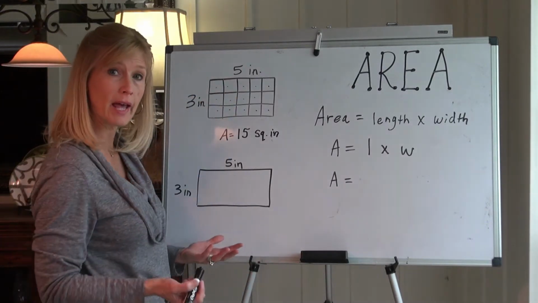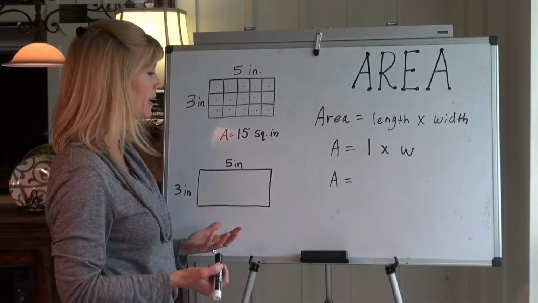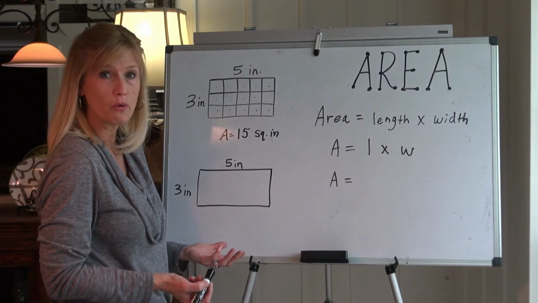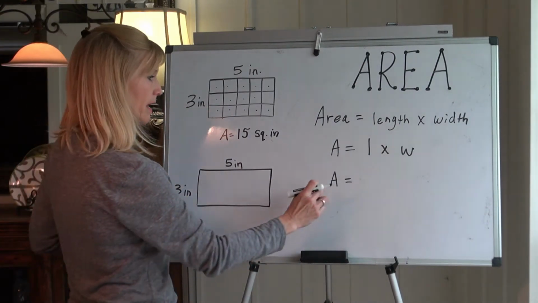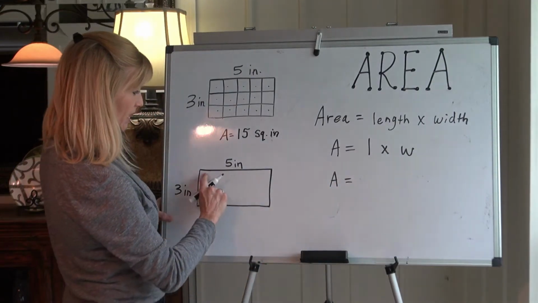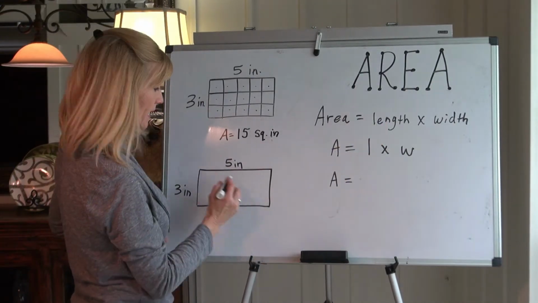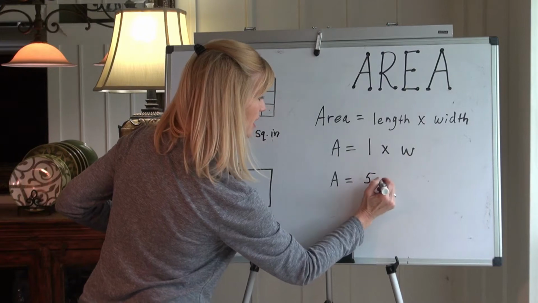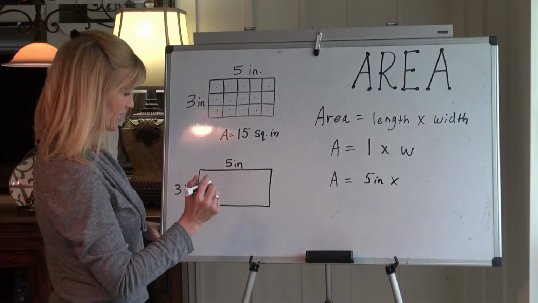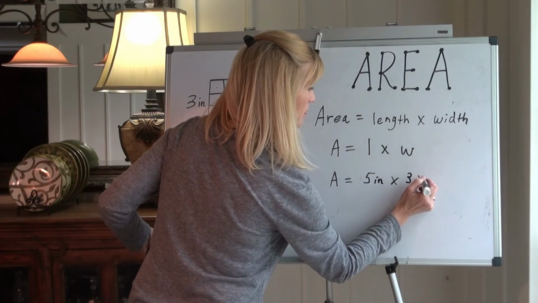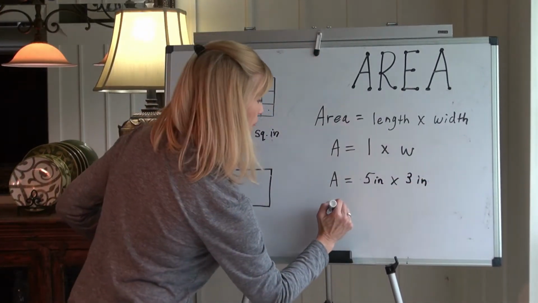So now when you look at a problem to solve the area, you just plug in what you know and find what is missing. In this case, area equals the length, how long it is, 5 inches, times the width, how wide it is, 3 inches. And now you just solve.